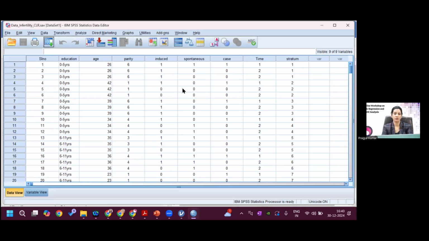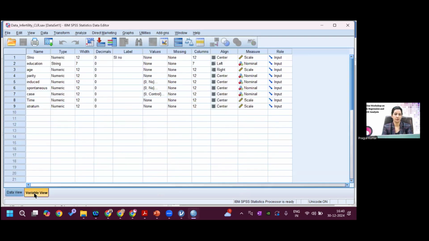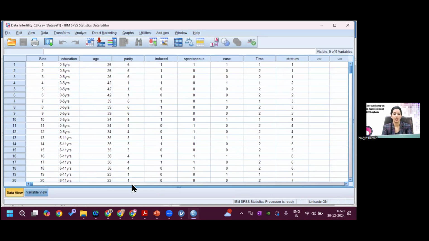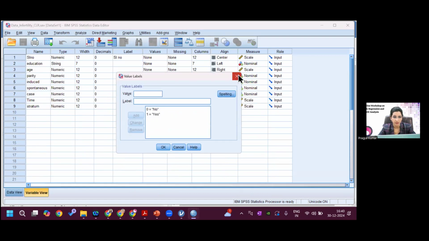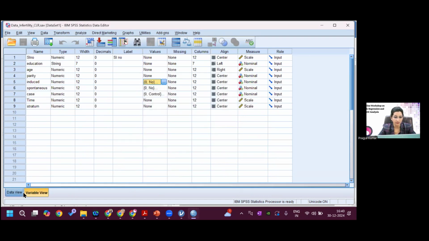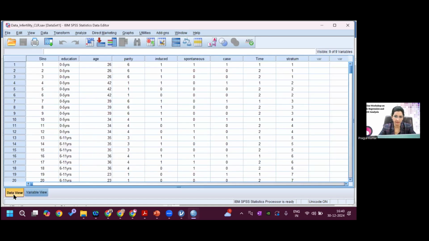Now if you see the data, the research question is this: I have taken women and I want to see whether they are fertile or sterile.